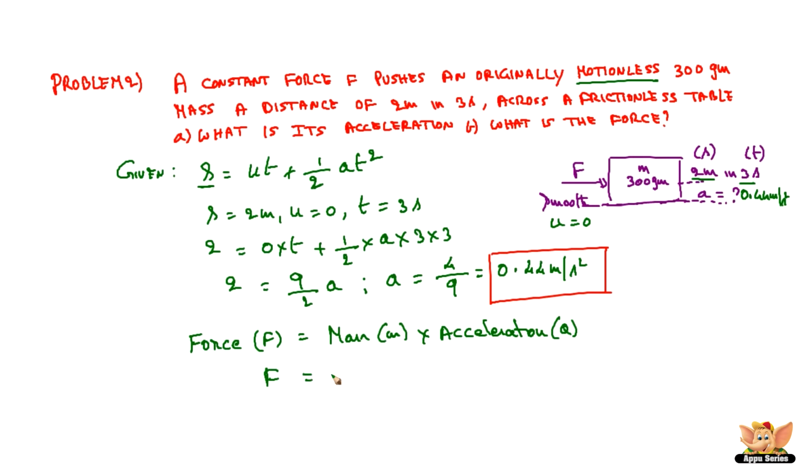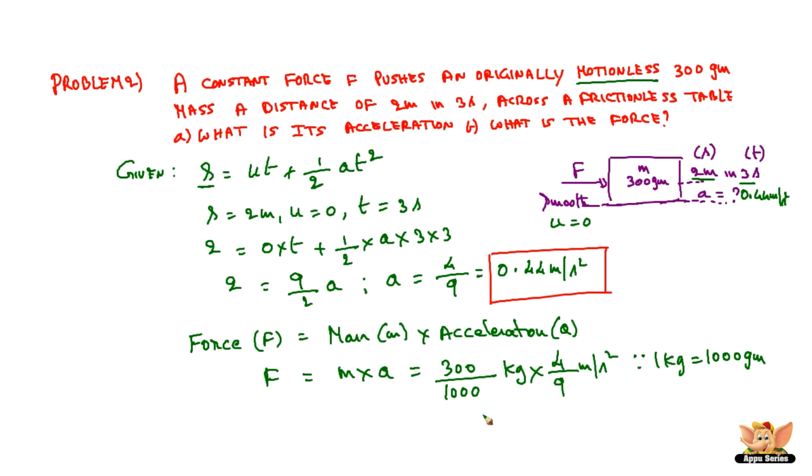So, F is equal to m into a, where m is 300 grams, which needs to be converted into kg. So, it becomes 300 by 1000, since 1 kg is equal to 1000 grams, into acceleration, and let us take the fraction because we can cancel it. So, 4 by 9 meter per second square.